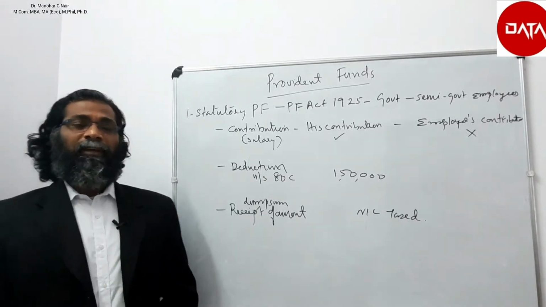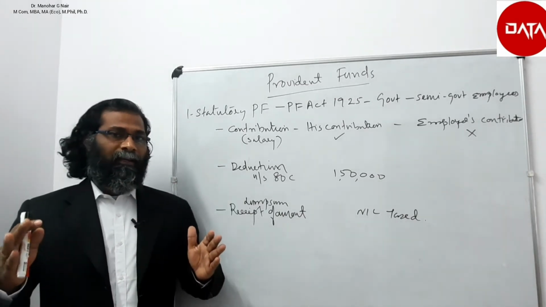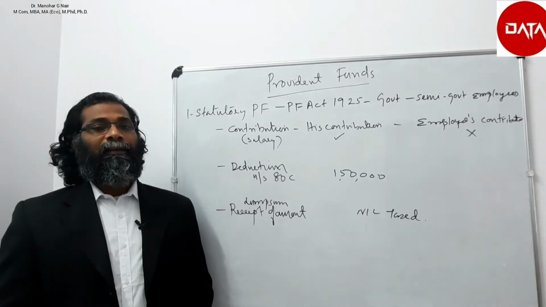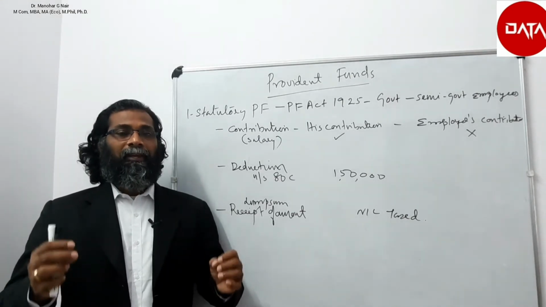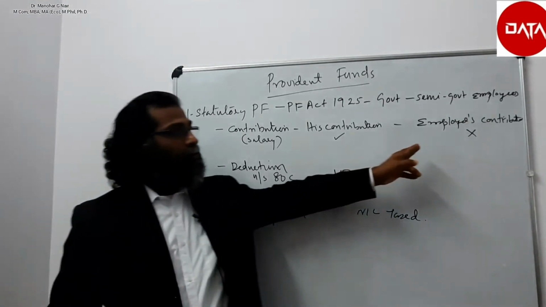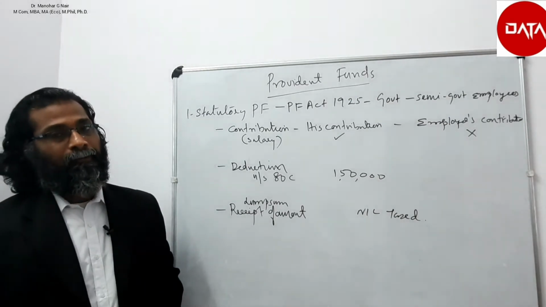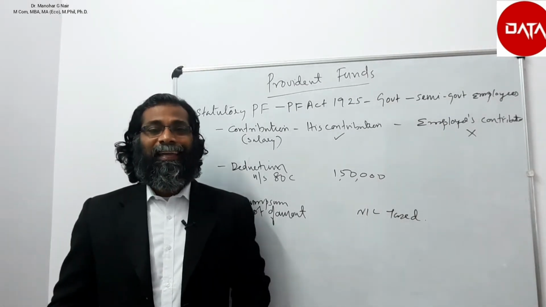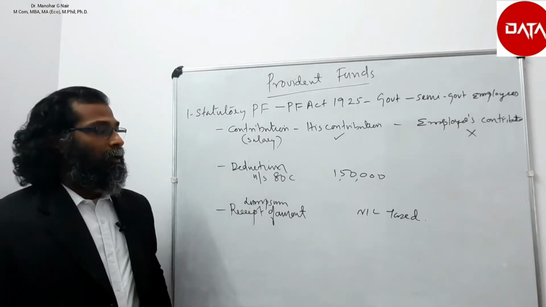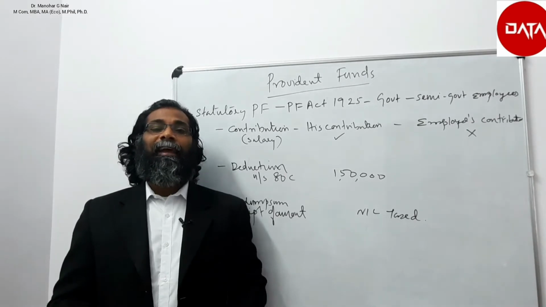Regarding the taxability of the amount contributed, the employee's contribution will be taxed at the time of contribution, treating it as an application of his salary, and the employer's contribution will not be included in salary at the time of contribution. Every year he will be eligible for a deduction of rupees 1,50,000 as per section 80C.